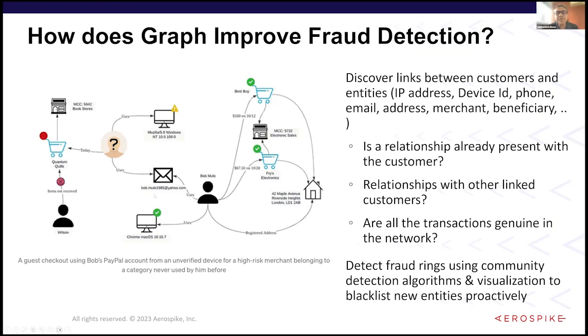And then, of course, you also use these graphs from an investigative perspective to detect fraud rings, and to identify these blacklisted entities a bit proactively, so that you can stop these frauds in real time as and when they happen. Next slide, George.